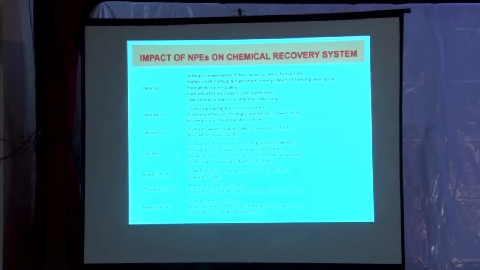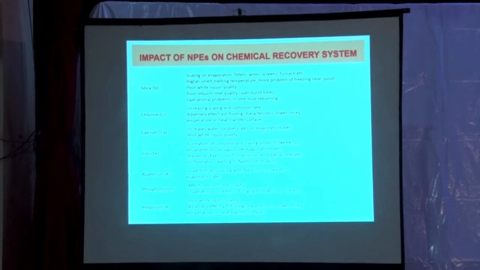At that temperature, it creates a sticky nature of these solid compounds and creates deposits in the upper region, which lowers the thermal efficiency.